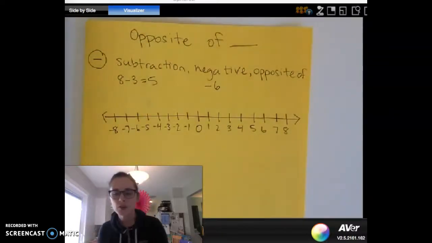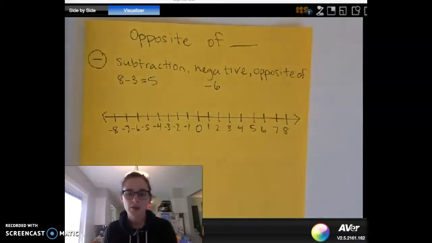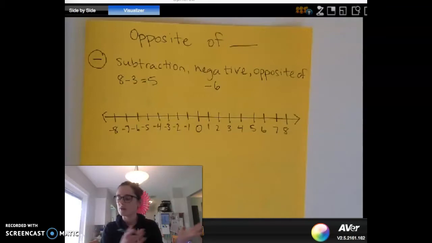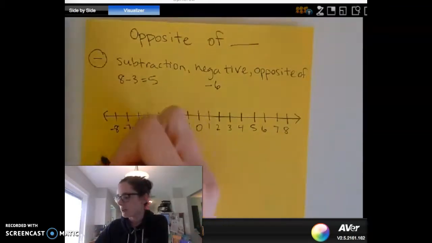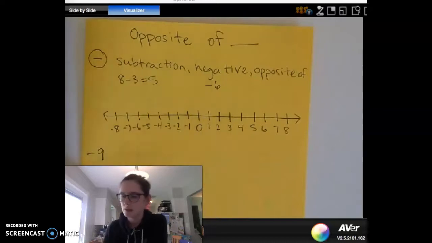Okay, so I have my number line all set up, and now I'm going to talk about opposite of. Just a reminder, the opposite of a number is the same distance as that original number, but on the opposite side of the 0. So let's talk about this number, -9.